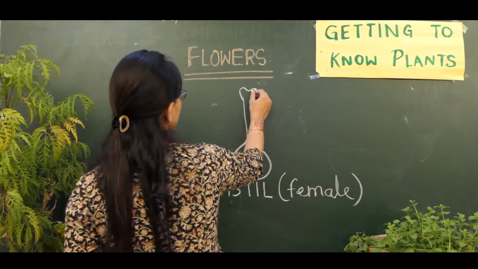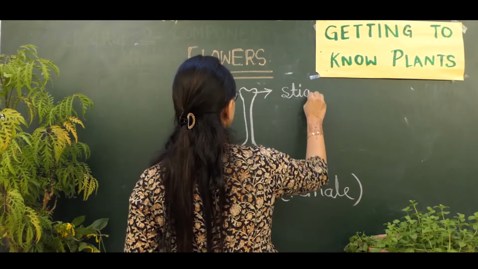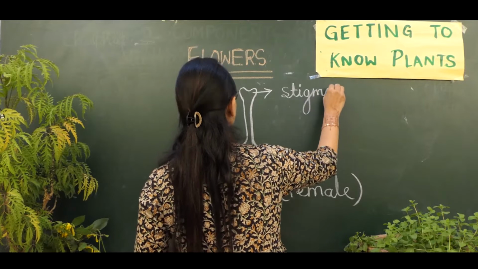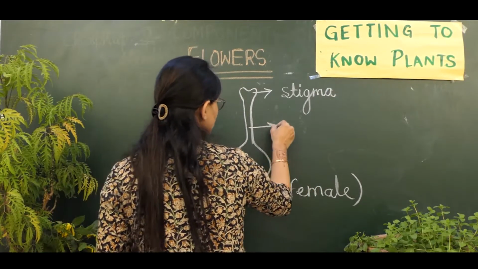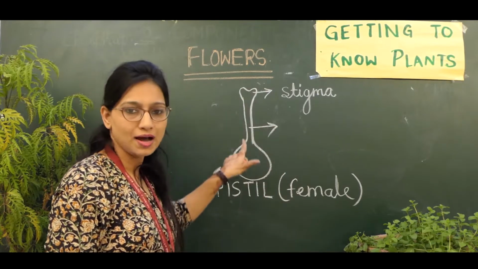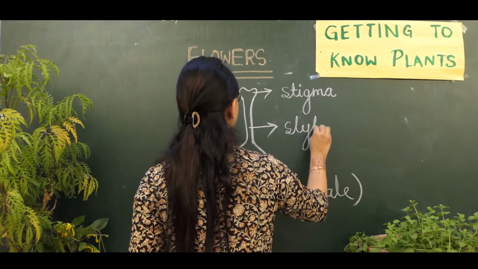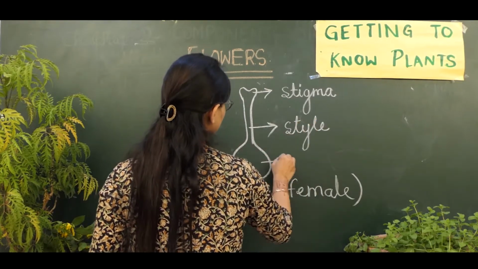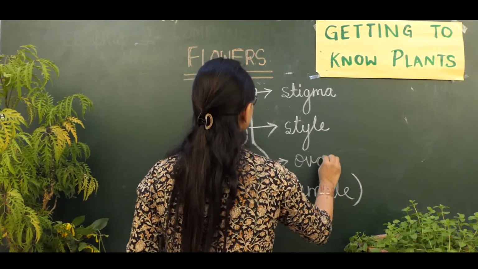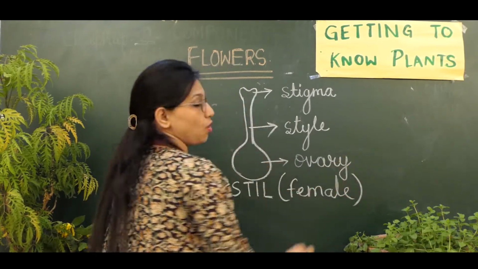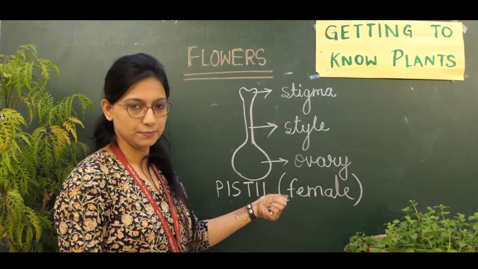The top part is called stigma. The middle portion which connects the stigma to the ovary is called style, and the bottom oval portion is called ovary. So there are 3 parts of the pistil: stigma, style, ovary.